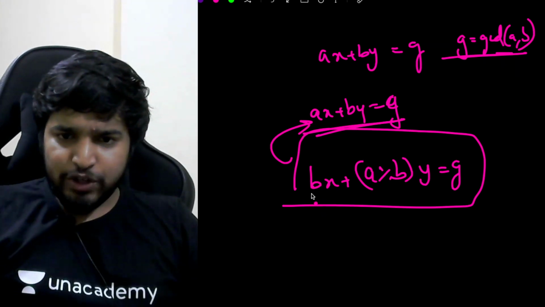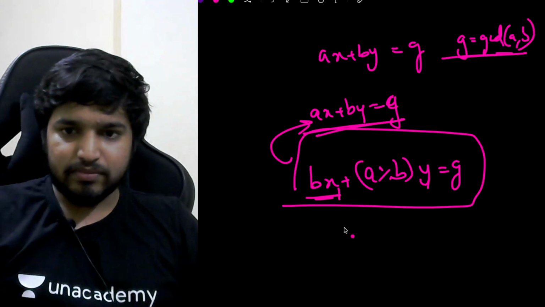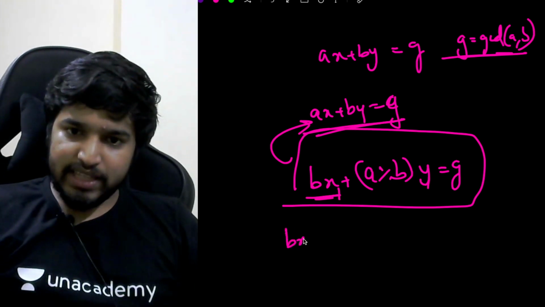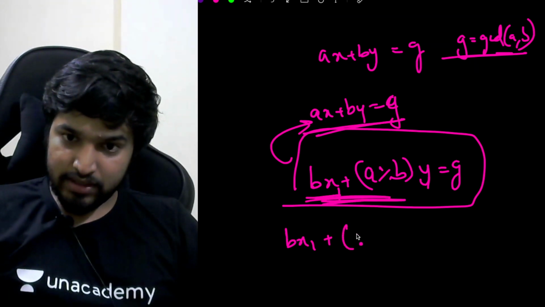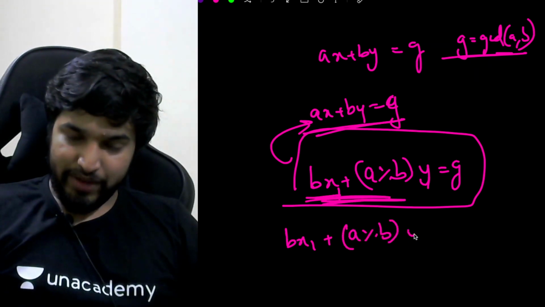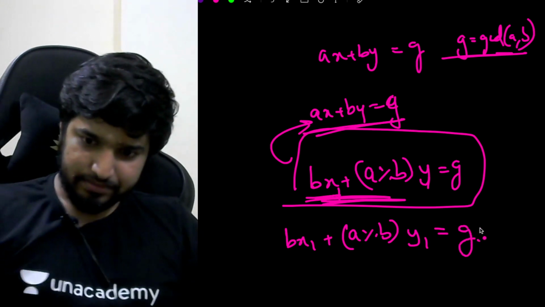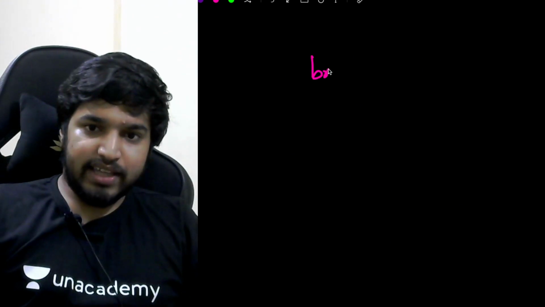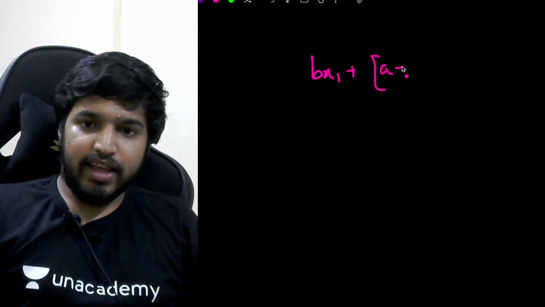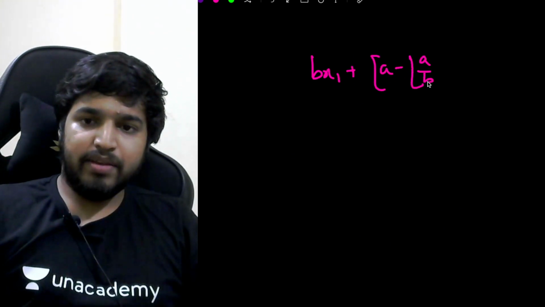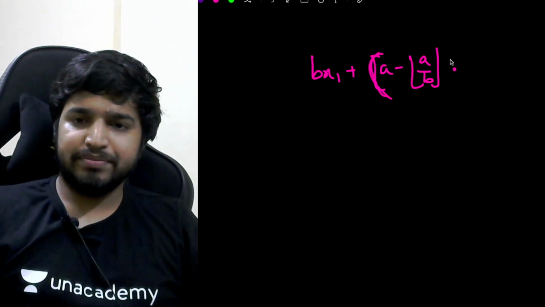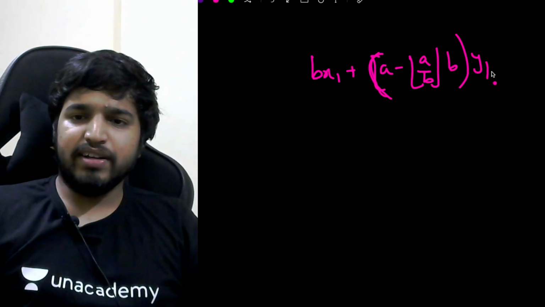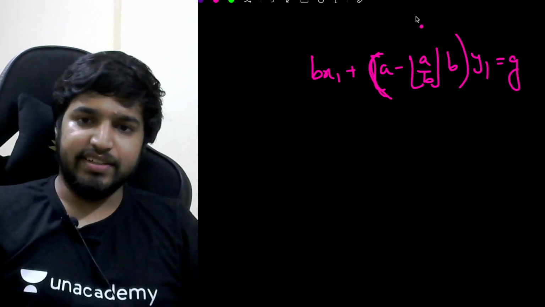So say the solution for this is x1 and y1. That means bx1 plus A modulo B into y1 is equal to G, meaning bx1 plus A minus floor of A by B into B, in curly braces so it's not confusing, into y1 is equal to G. G is the GCD, just to confirm.